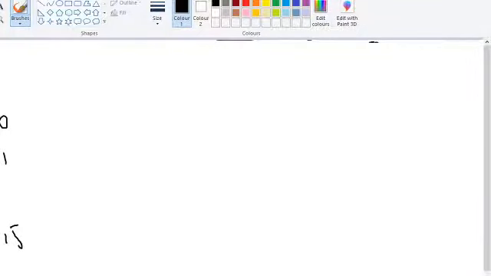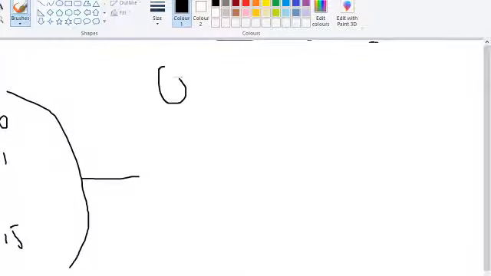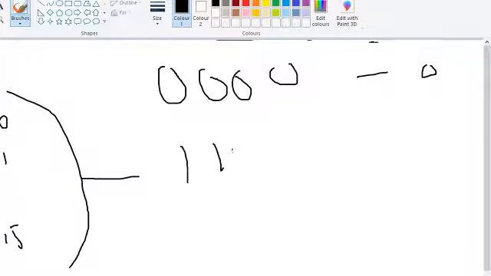So, as we have these 16, each 4-bit binary number can go from 0 to 15.